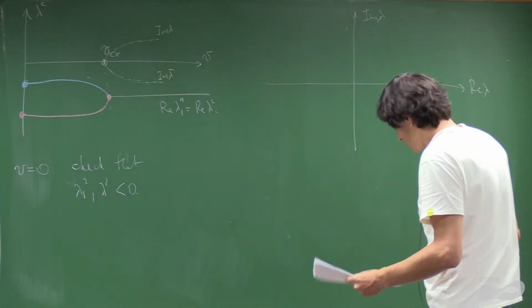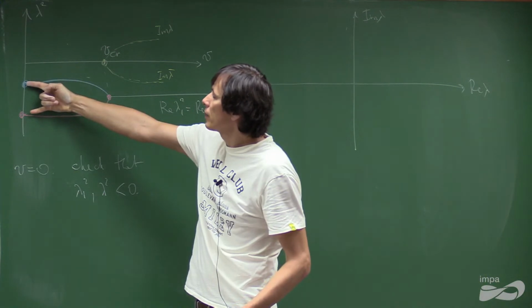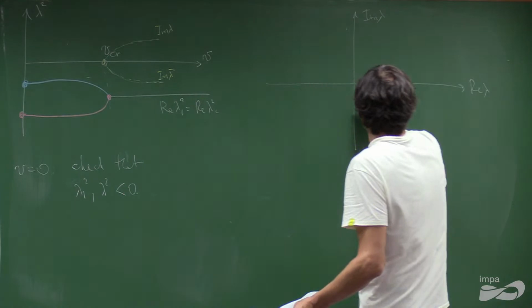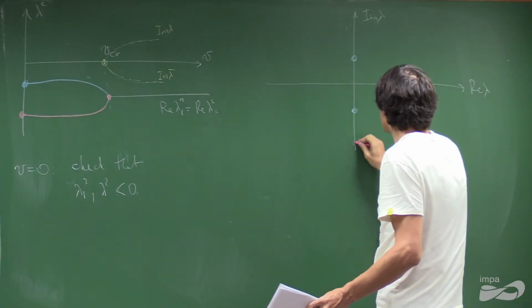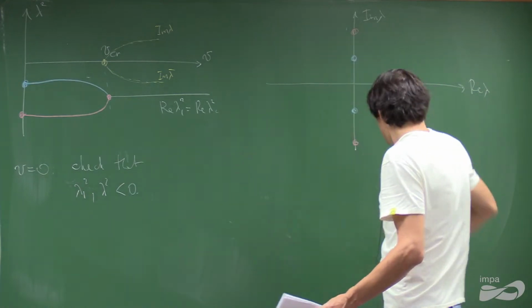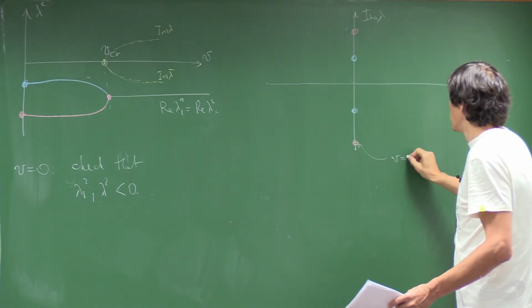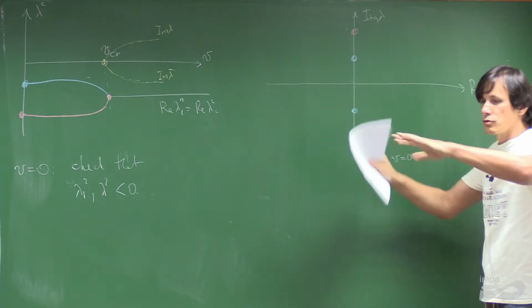So what we have, in the beginning we had two negative real values, so taking square root, they become purely imaginary with plus and minus. So this is a situation which corresponds to velocity 0. So no wind, everything just oscillates.